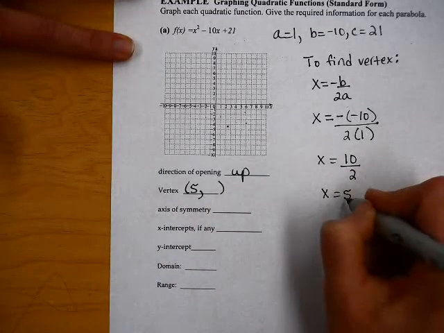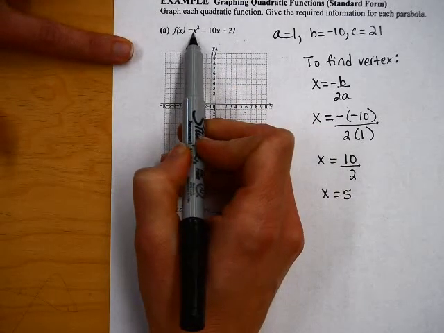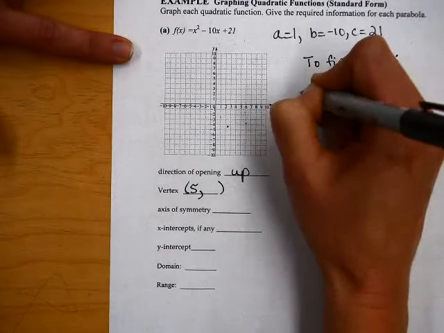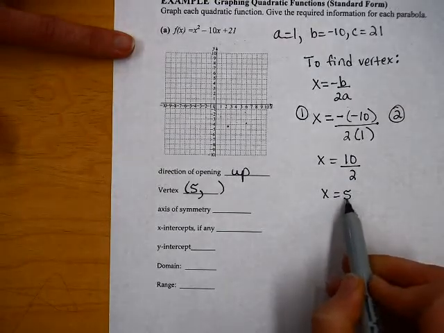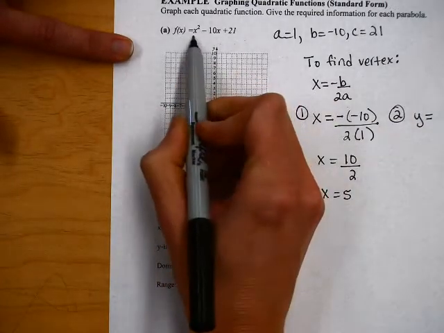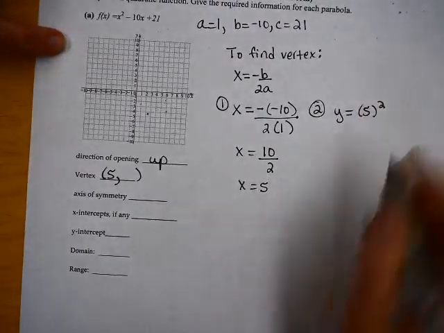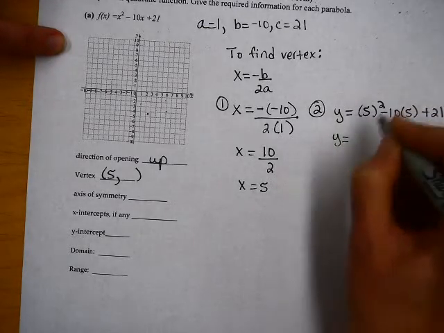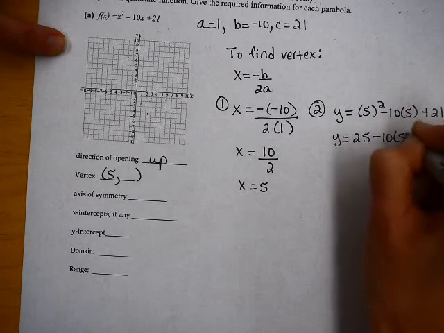Now I'm going to take this 5 and plug it back in for x into my equation to find y, because remember f of x is the same thing as y. So that was step 1 of finding the vertex. Step 2 is to take this value we found for x and plug it back into our equation. So y equals 5 squared minus 10 times 5 plus 21.